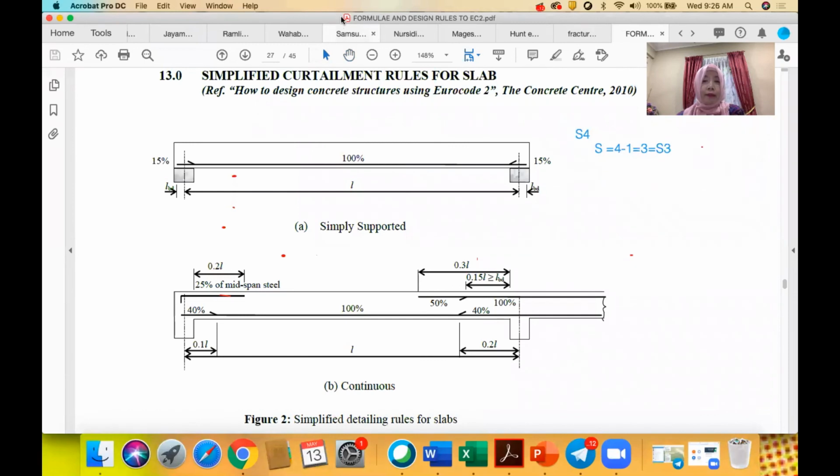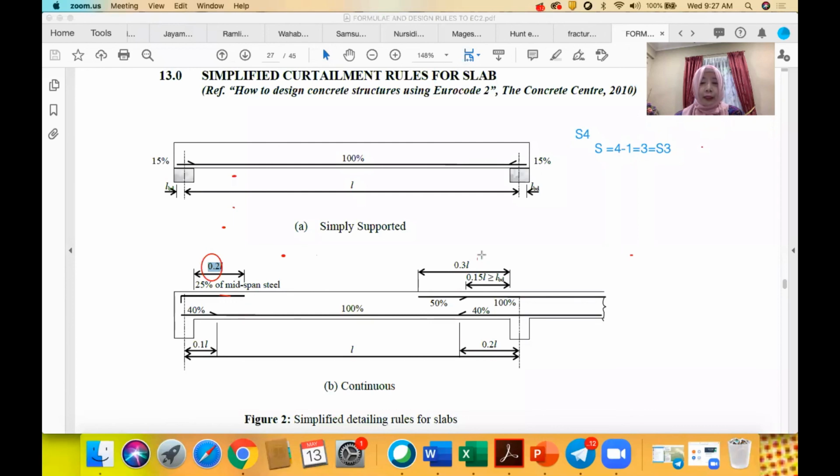So you can see here. Okay, you can see here. Look at here. 0.25 L. For the steel, the fixed end steel at the support, it must be 0.25 L from the face of the beam here.